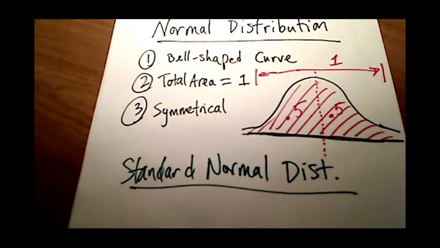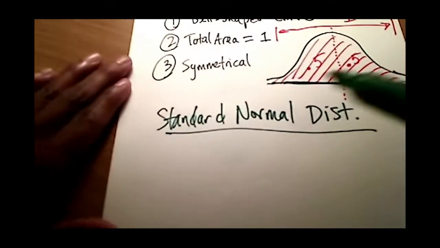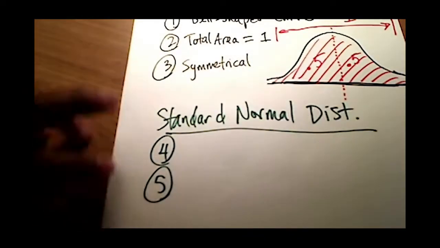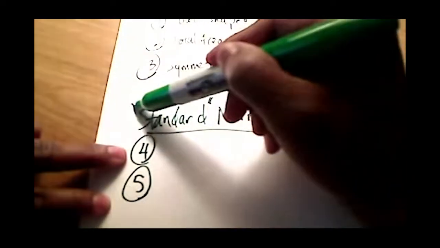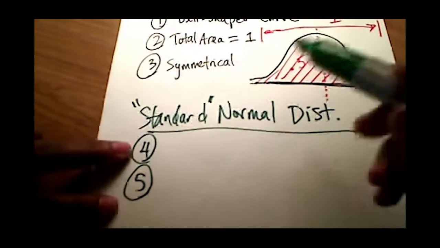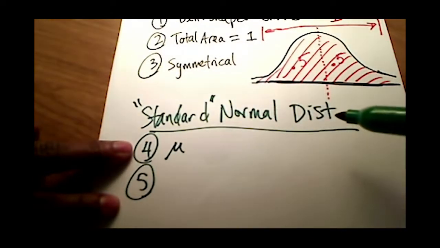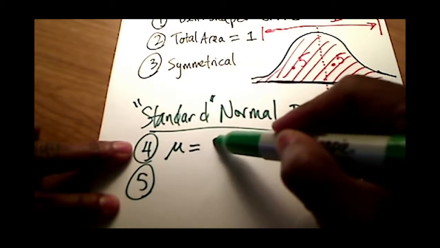Standard normal kind of uses these three things but kicked up one more notch, and two other things, we'll mark them 4 and 5, how's that? Two other things should come to mind when that word standard is used, right? Number one is that the mean, and that Greek letter is mu, which stands for population mean or population average, same thing, that the mean is going to be a 0.